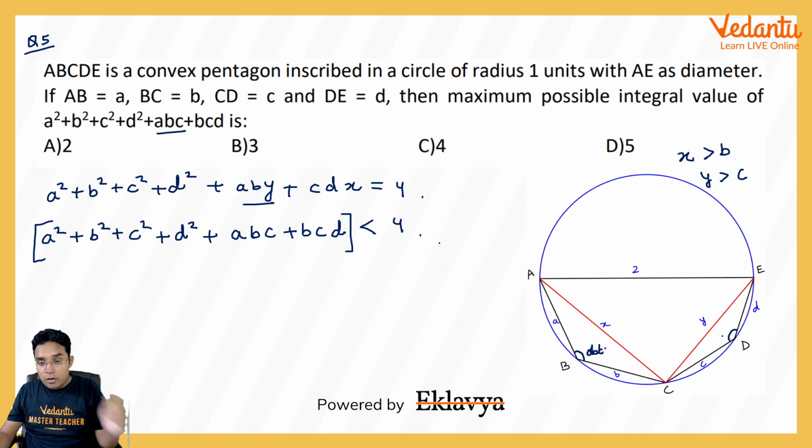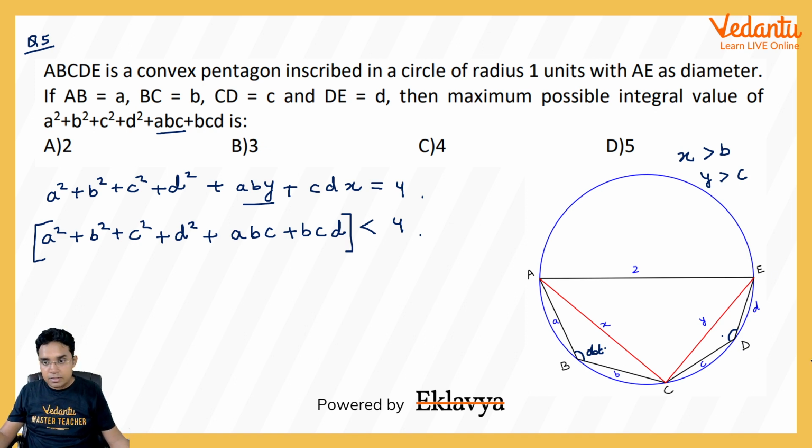Now, one can think of making some situation where DE is almost tending towards 0, where D will be very small. In that case, this ABCDE will not be a pentagon, where D will be merging with E, it will just be a quadrilateral.